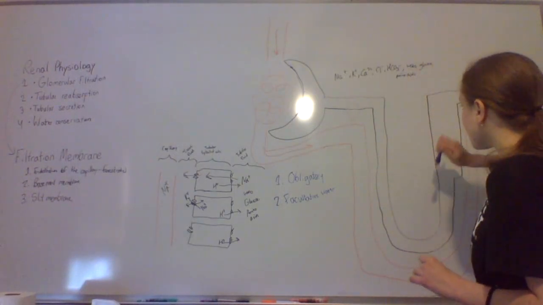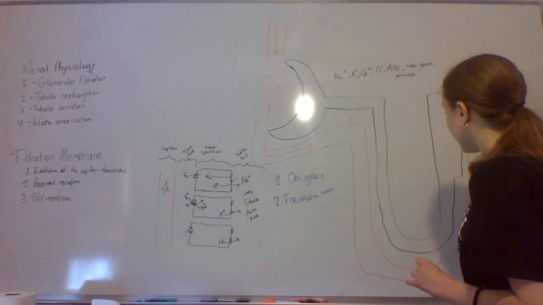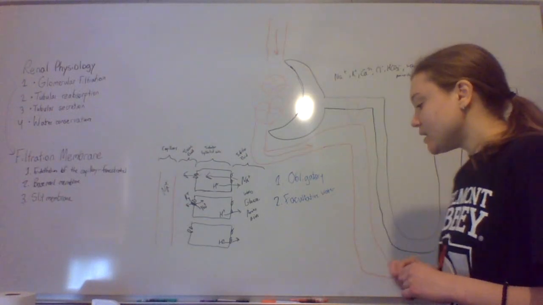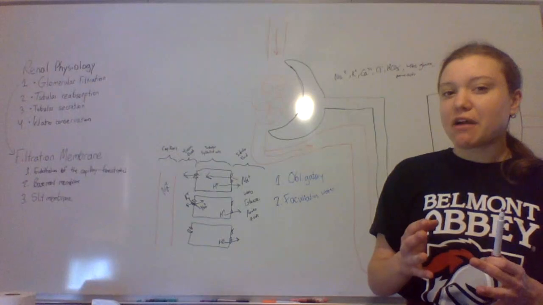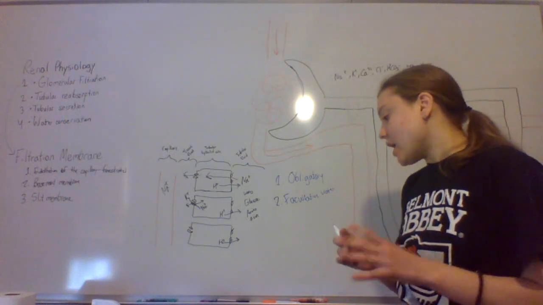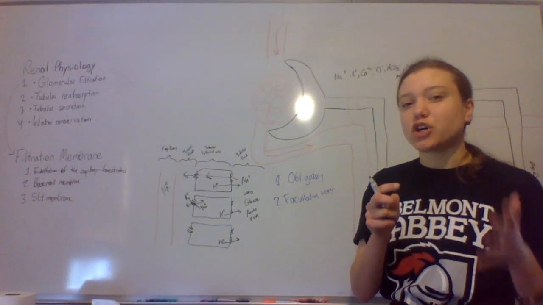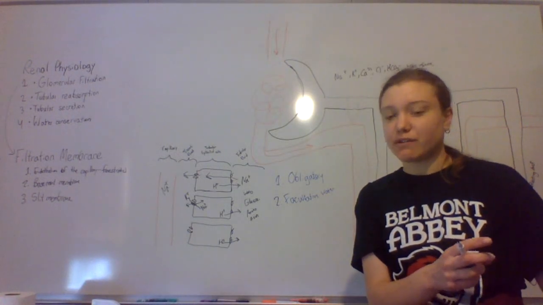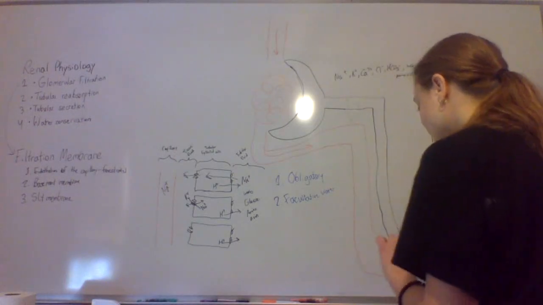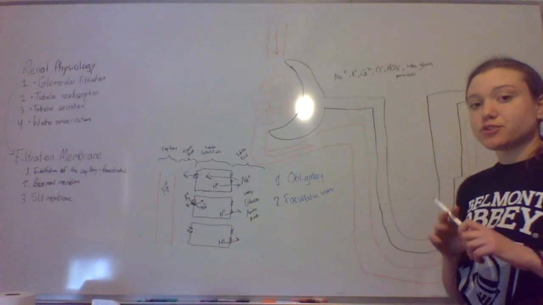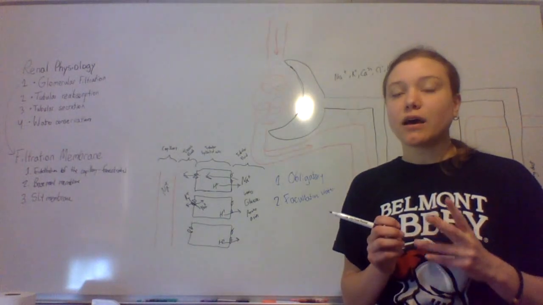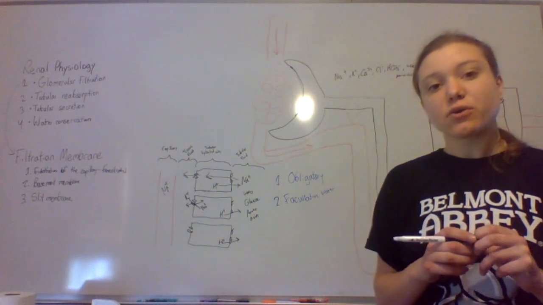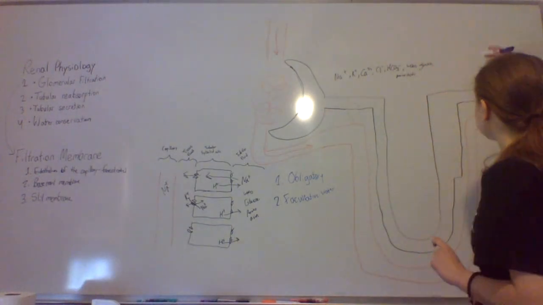So the decreased water concentration in the blood is detected by osmoreceptors. Osmolarity. High osmolarity means low water concentration or high concentration of solutes. So that's detected by osmoreceptors in the hypothalamus. That causes the release of antidiuretic hormone, ADH.